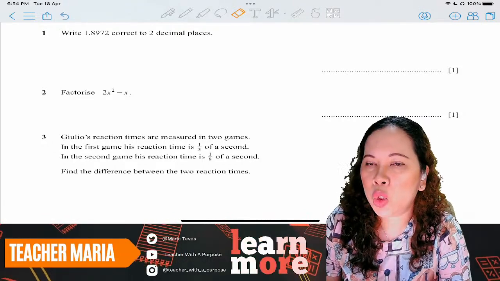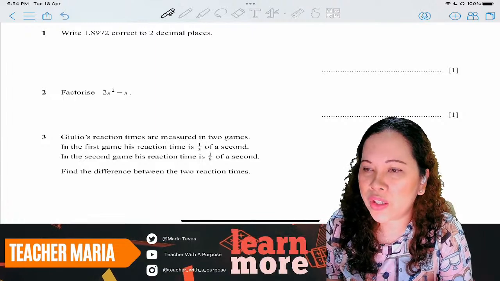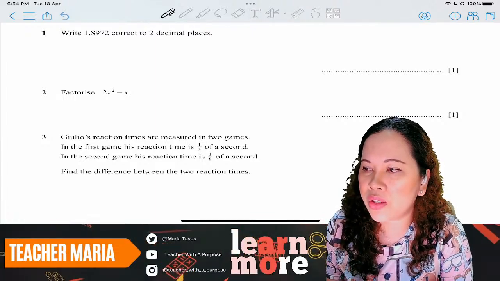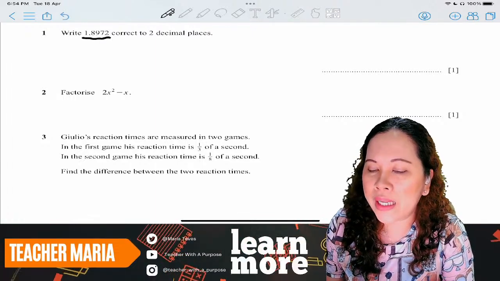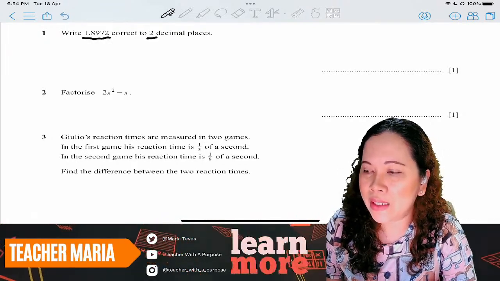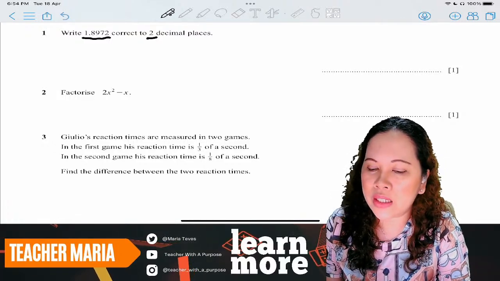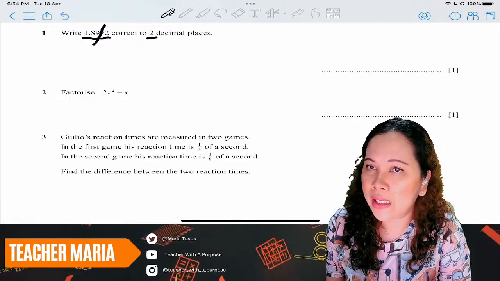Okay. Cool. So for our first question, you are asked to write 1.8972 correct to two decimal places. Since it is two decimal places, we just need to stop at the 9.